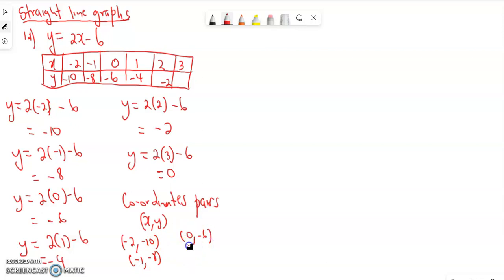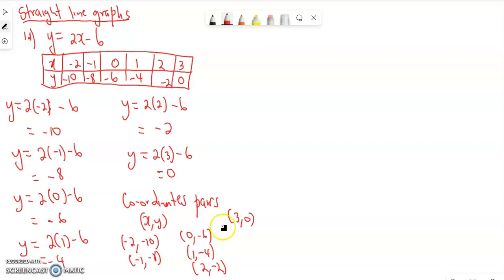Then we have 0 and -6, 1 and -4, then 2 and -2, then 3 and 0. Those are our coordinate pairs in the form of x and y.